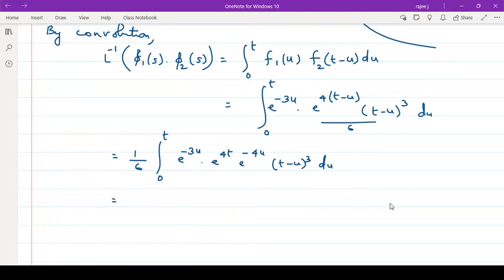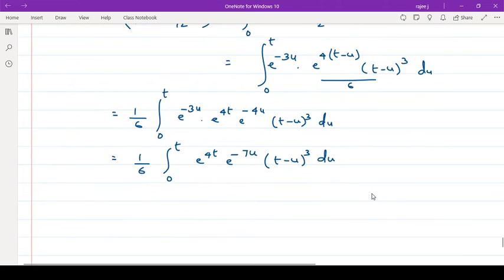So that is 1 by 6 integral 0 to t, e raised to 4t, e raised to minus 7u, and t minus u the whole cube du.